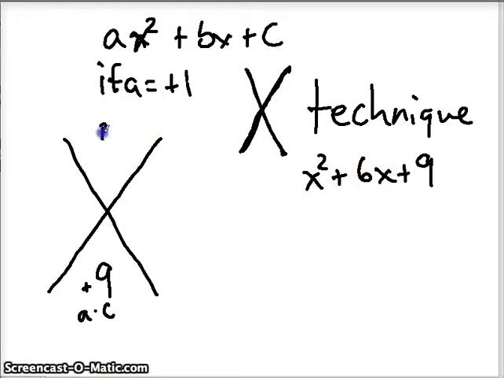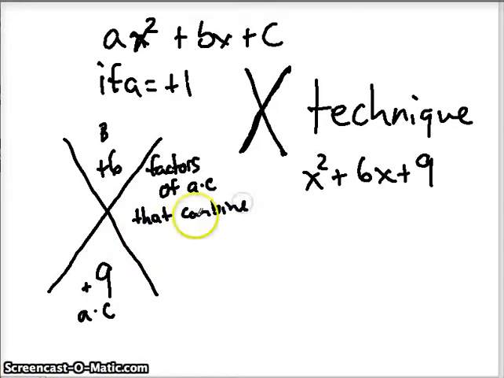Up here is going to go whatever b is. So that's positive 6. And then on the sides are going to go factors of whatever a times c was down here that add up or combine to make b, whatever b is.